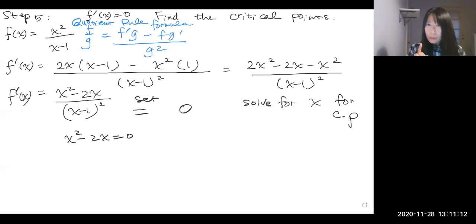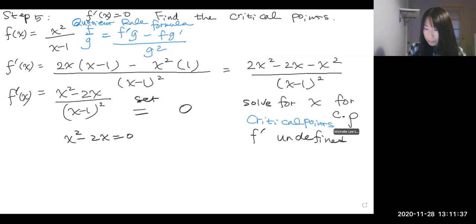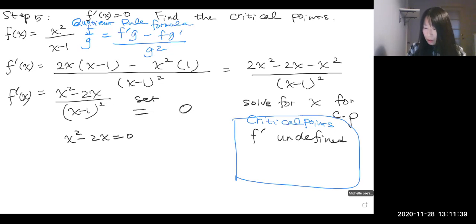And also, we know that critical points exist when f prime is undefined and also when f prime of x equals 0, right?